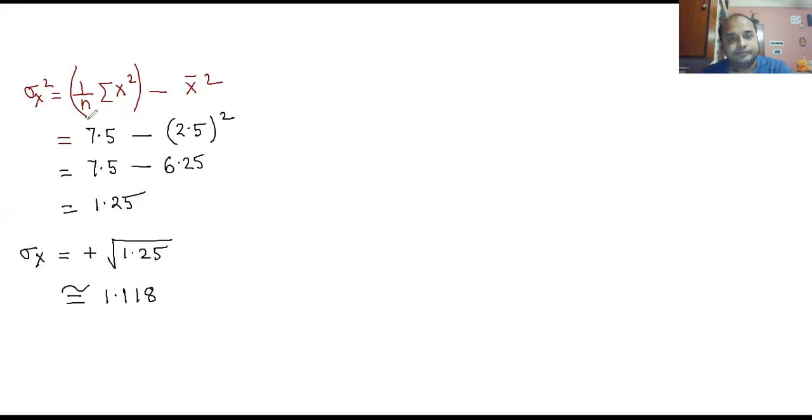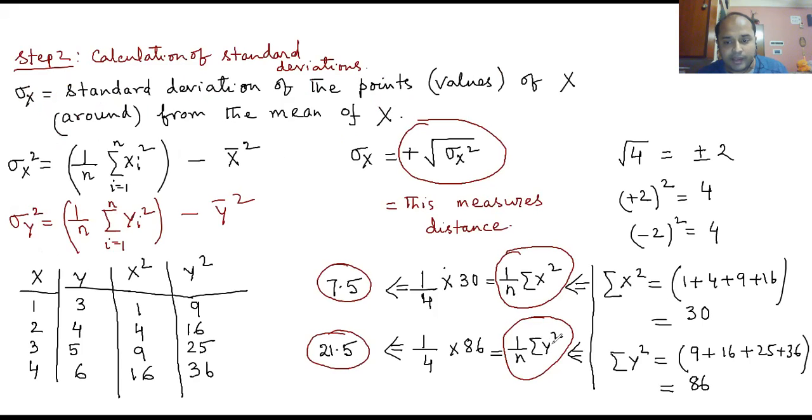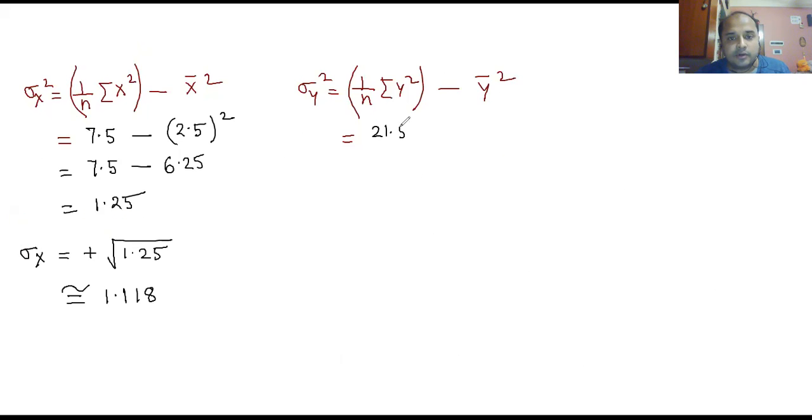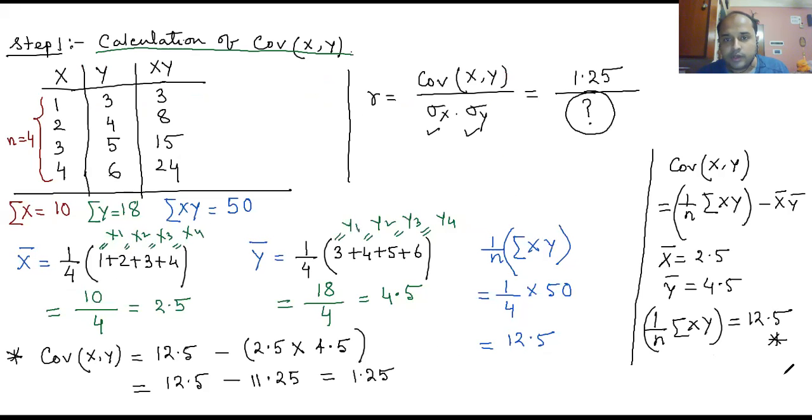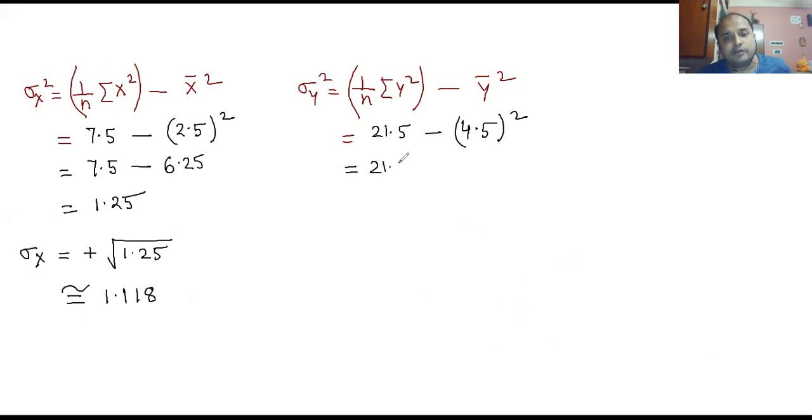Similarly, we can calculate sigma y square, which is 1 by n summation y square minus y bar square. 1 by n summation y square is 21.5, and the value of y bar is 4.5, so I write 4.5 whole square, which gives you 20.25.